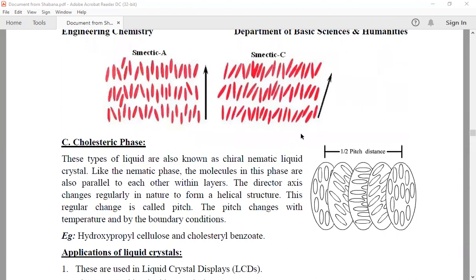Smectic C, the long axes of the molecules are disordered and parallel to a preferred direction, which may be tilted by a certain angle. That means it creates a certain angle between the two molecules. That angle is known as the tilted angle.